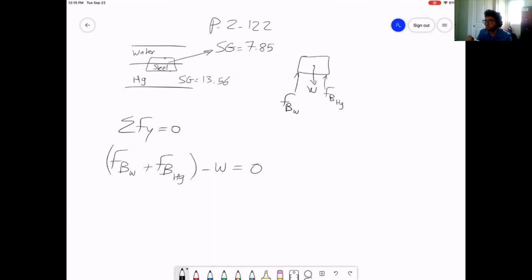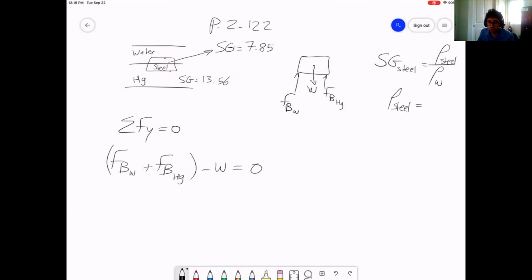Okay, so to find the density, the specific gravity of steel is equal to the density of steel over the density of water. Once you cross multiply, the density of steel is equal to 7.85 times the density of water.